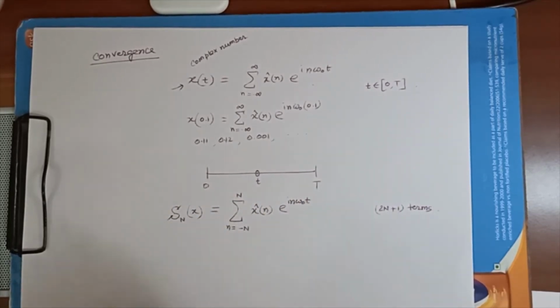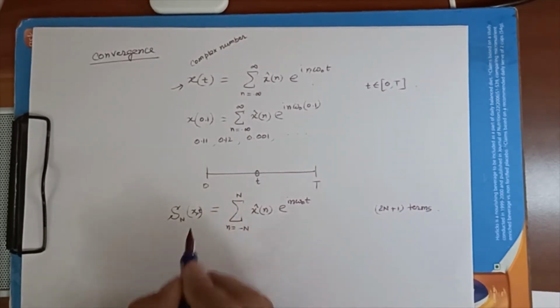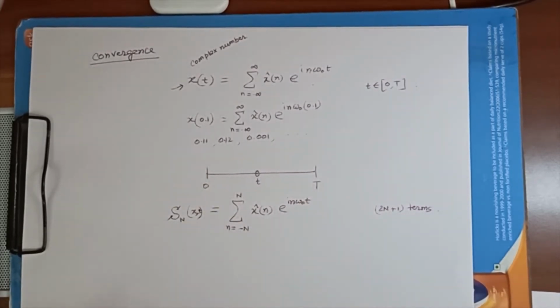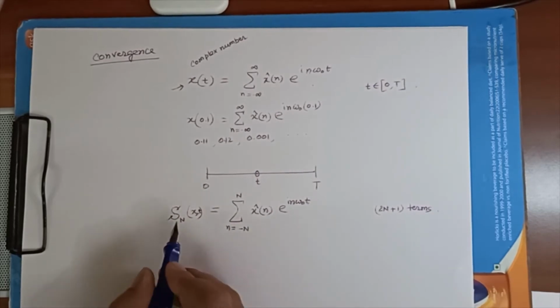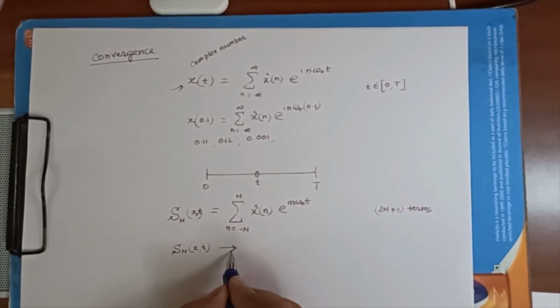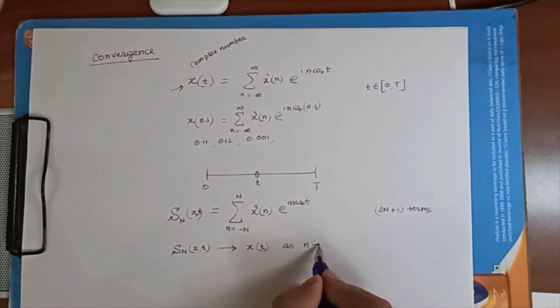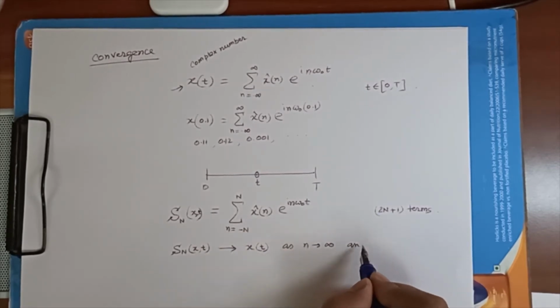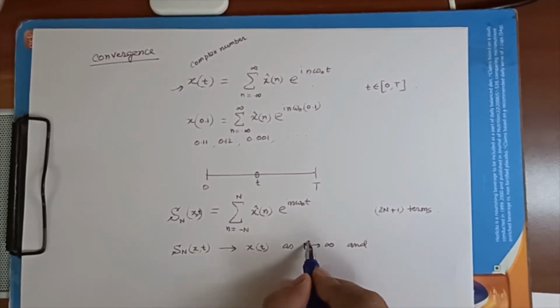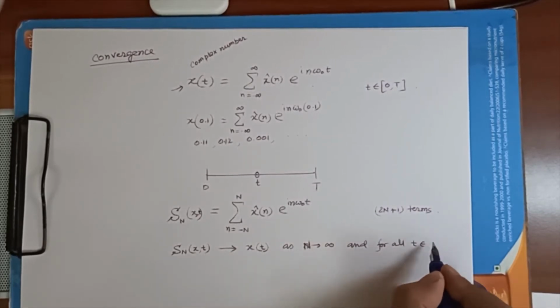Now this is for every t, so it is a function of x and t: S_N(x, t). The question is whether this sum converges to x(t) as capital N tends to infinity, and for all t.